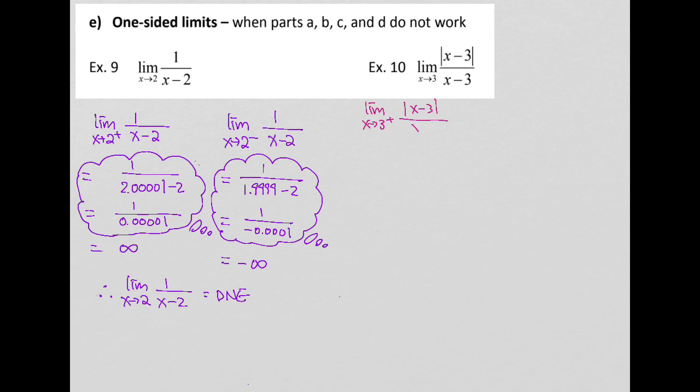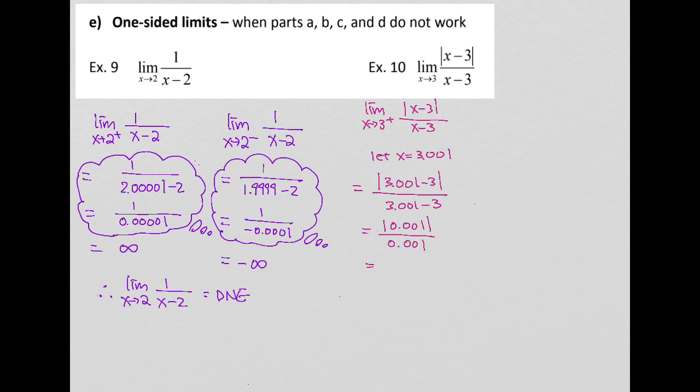Once again, you have to define a value for x. So I'm going to say let x equal 3.001. Then I'm going to have absolute value of 3.001 minus 3 over 3.001 minus 3, which is going to be absolute value of 0.001 over 0.001.